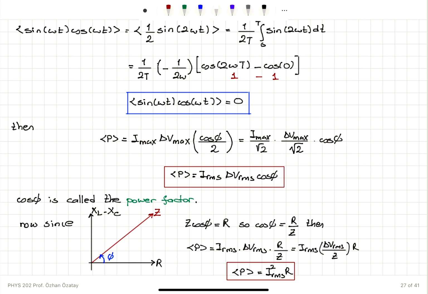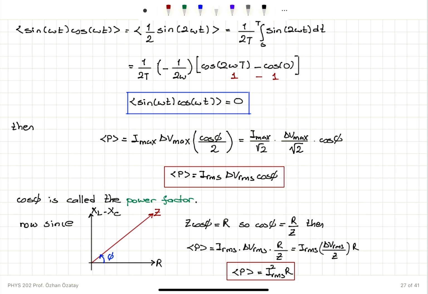And 1/2 is 1 over square root 2 times 1 over square root 2. Basically, this is the product of the RMS values of current and voltage multiplied with cosine of the phase angle between them, where cosine phi is called the power factor. The cosine phi basically is determined by looking at the phasor diagram where we calculate the impedance.